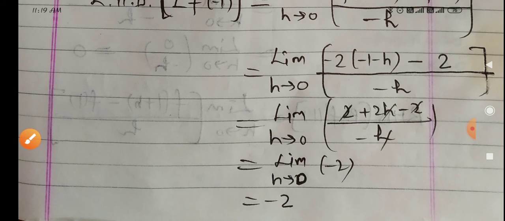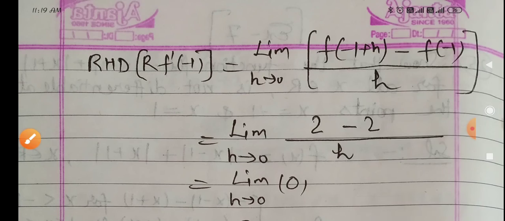Now you can see the right hand derivative. RSD at x = -1, the limit as h tends to 0 of [f(-1 + h) - f(-1)] upon h. Now what is the value of the function f(x) for x greater than -1?